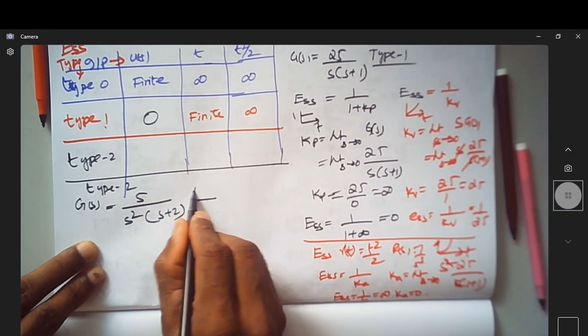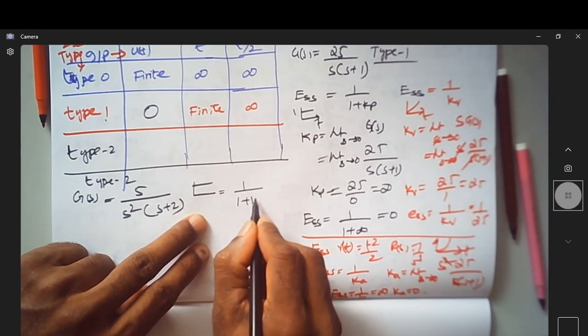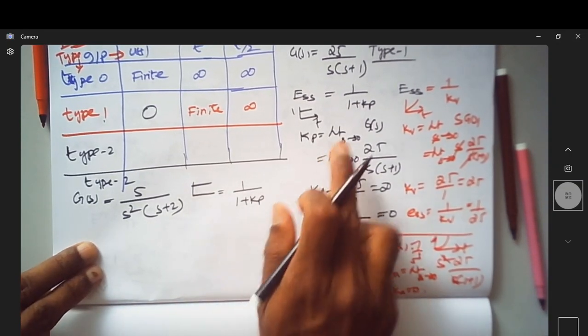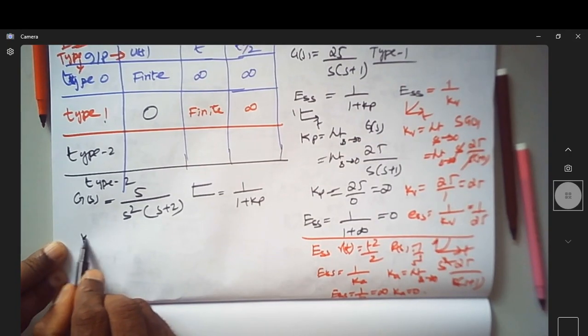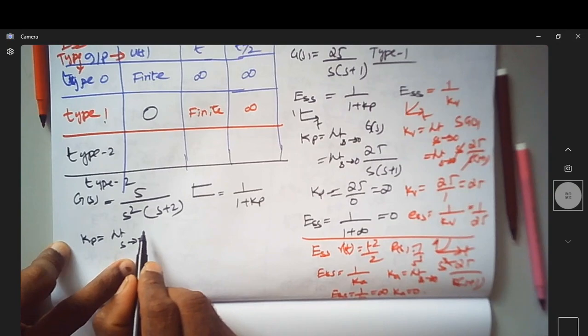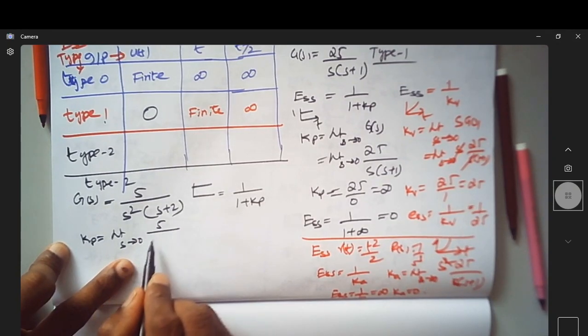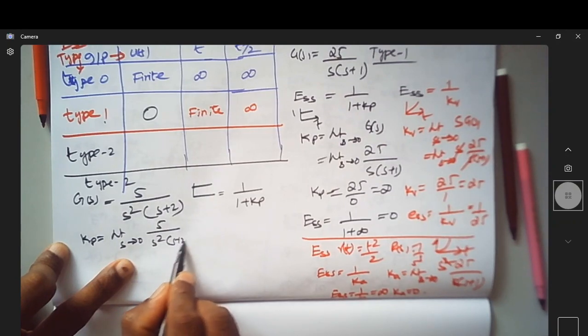For a step input, what is error? It is 1 over 1 plus Kp. What is Kp? Kp is nothing but limit of S tending to 0 GFS. So what is GFS? It is 5 divided by S square into S plus 2.